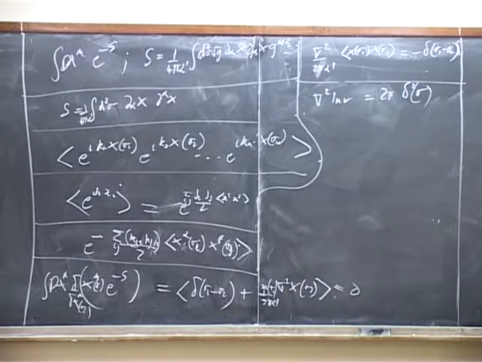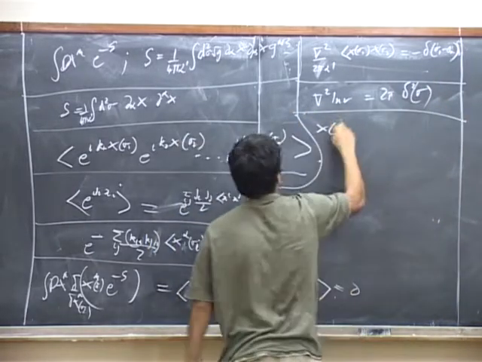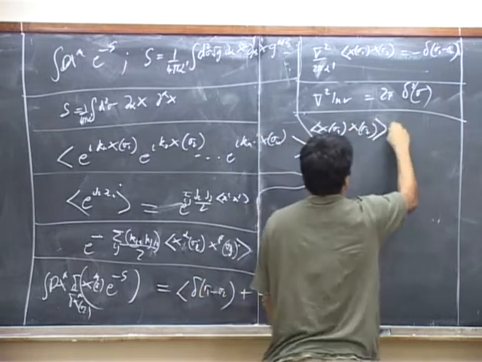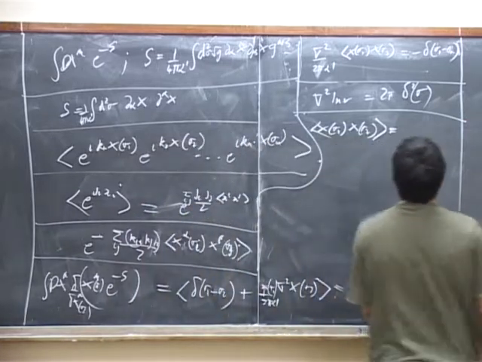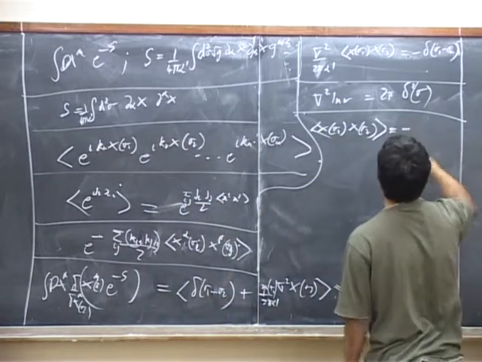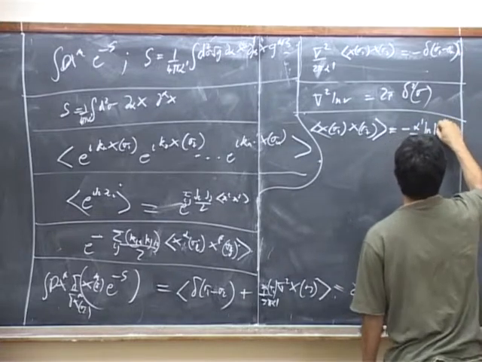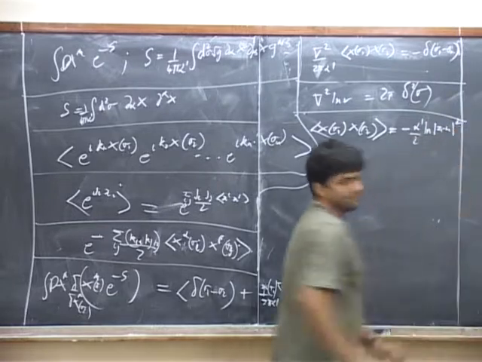Okay? So now what's the right answer? So the right answer is x of sigma 1, x of sigma 2 is equal to minus alpha prime by 2 log of r squared, which is mod z1 minus z2.